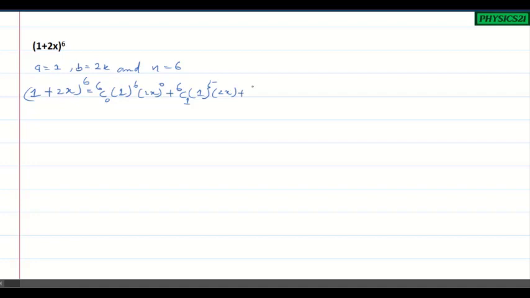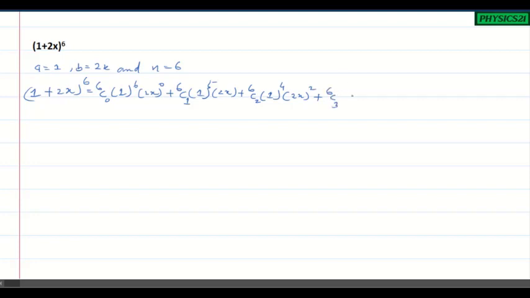And the next term, 6C2 1^(6-2), so it is 1^4, and (2x)^2 will be there.